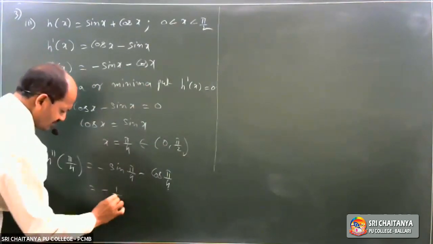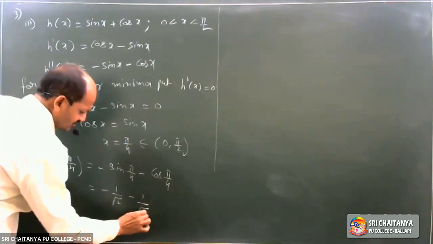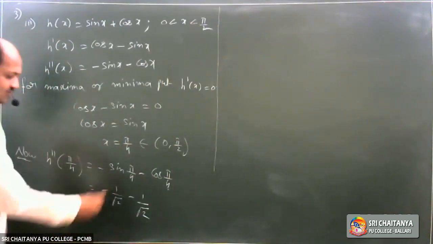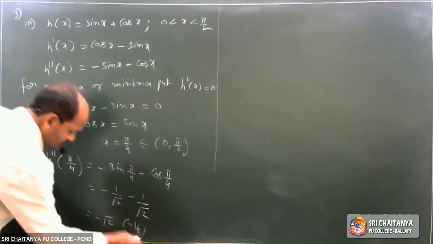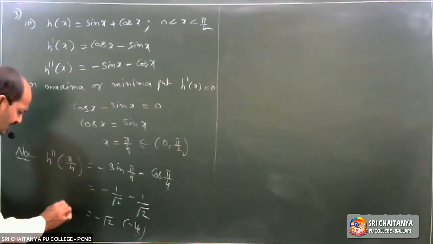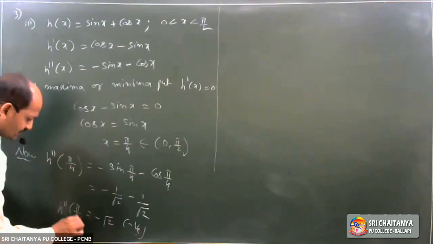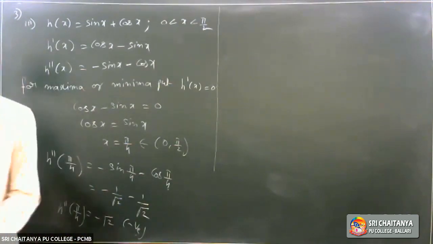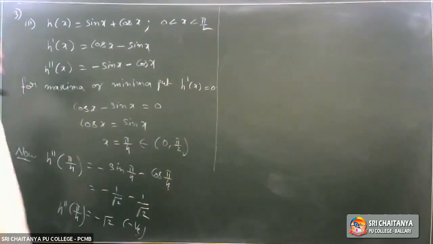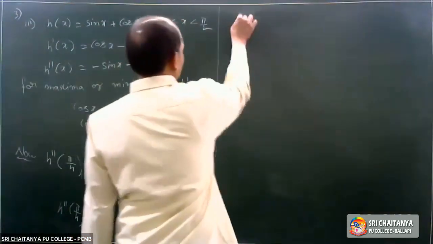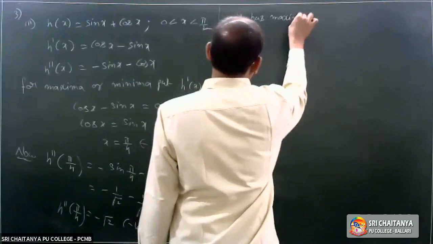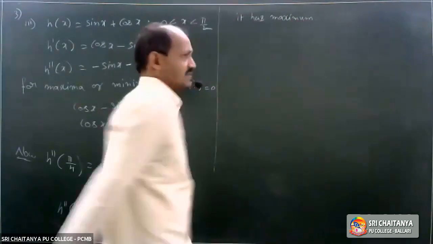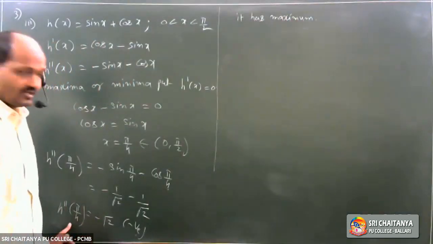It is minus 1 by root 2 minus 1 by root 2. So minus 2 by root 2, it is minus root 2, negative. So the second order derivative is negative. Second order derivative negative means it has a maximum. So it has a maximum at x equal to pi by 4.